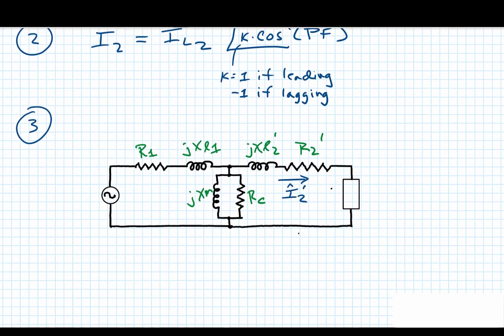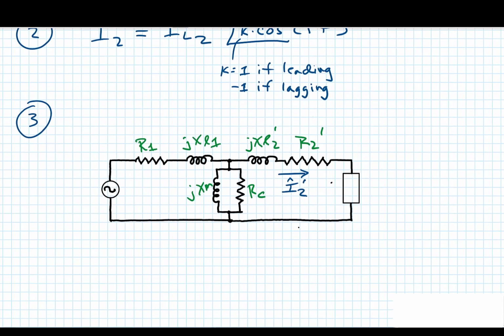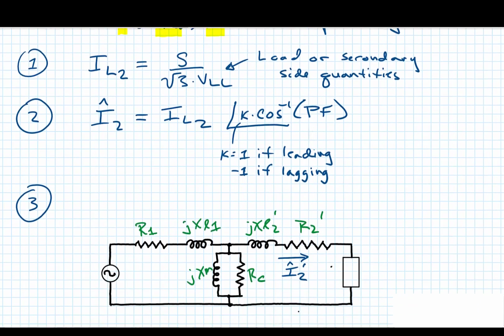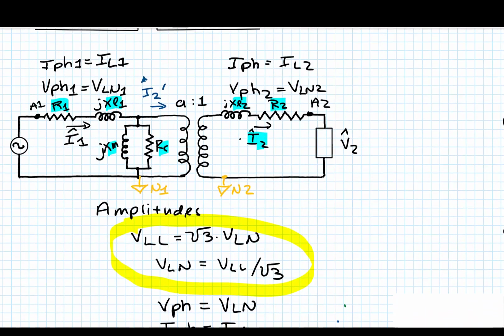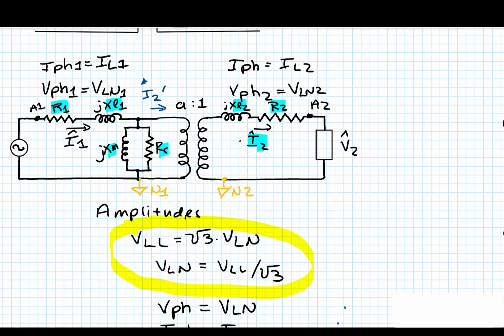And the best way to find I2 prime is to treat it like an equivalent line current. So coming back to this, whatever current is coming out of this magnetizing branch is the same as the line current.